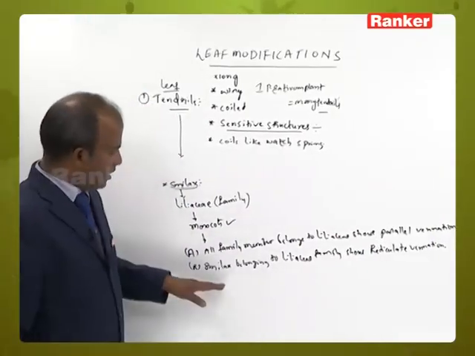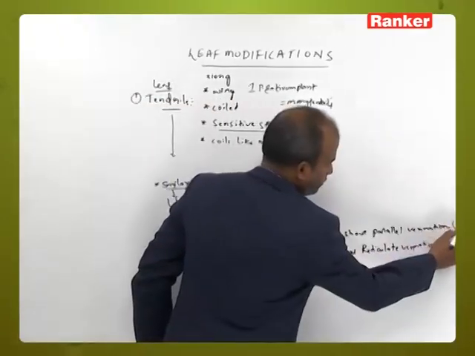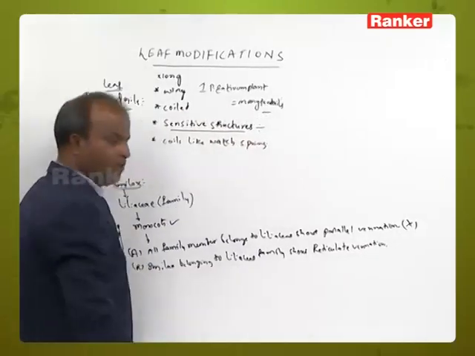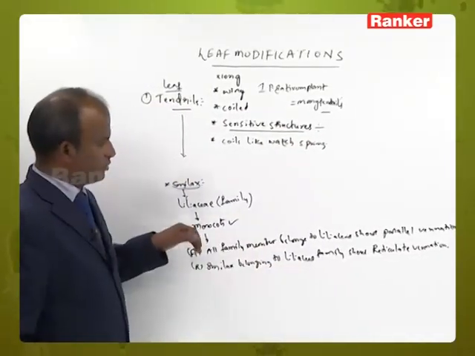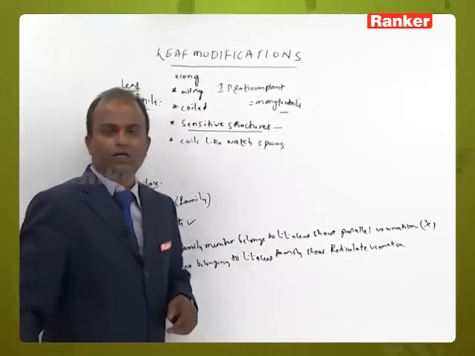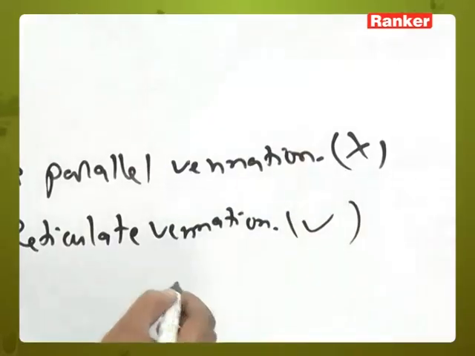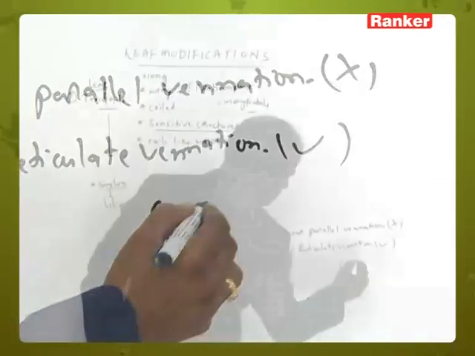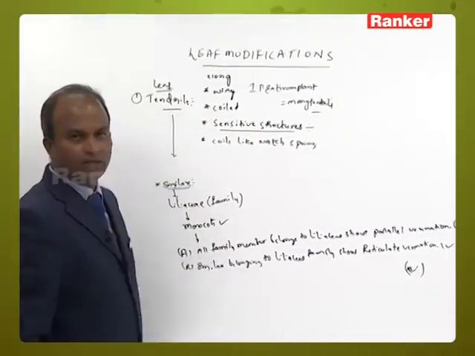The reason: Smilax belonging to the Liliaceae family shows reticulate venation. All family members belonging to Liliaceae showing parallel venation is wrong, because Smilax belongs to Liliaceae and monocots, but it does not show parallel venation. It shows reticulate venation. That means A is false, R is true.